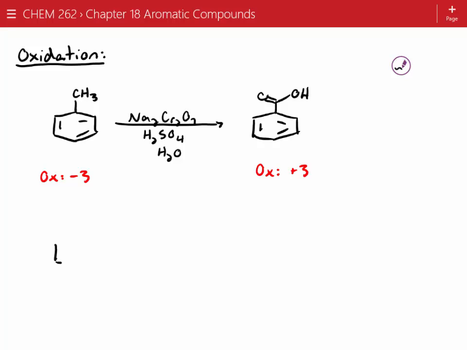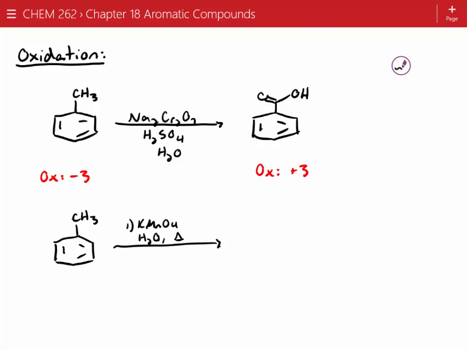Another way of doing this reaction, too, that's actually more common, is to do it in 2 steps. The first step, you do KMnO4, potassium permanganate, and you run this in water, and you heat it up.